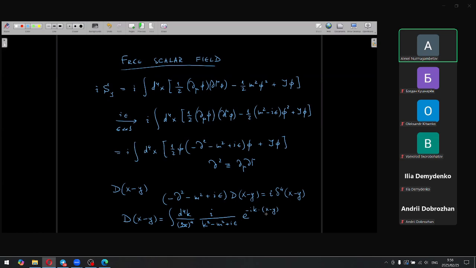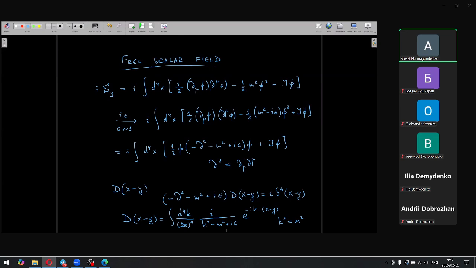And from this form of the propagator, it becomes clear why this small shift is introduced, because on the mass shell, k squared should be equal to m squared for real, I mean, observed particles. The propagator without any shift becomes singular. So this shift removes this possible singularity for real physical fields.